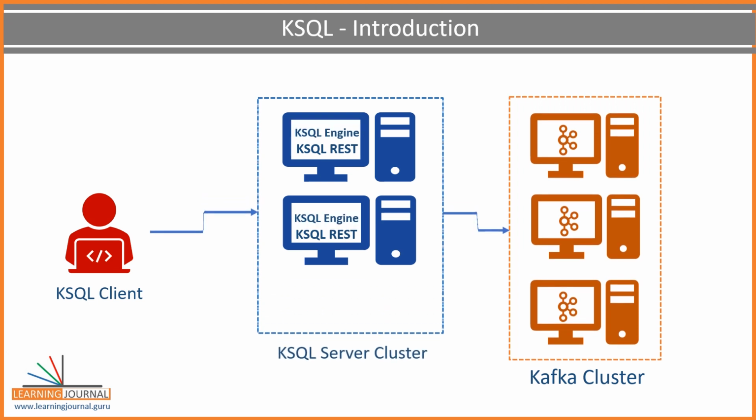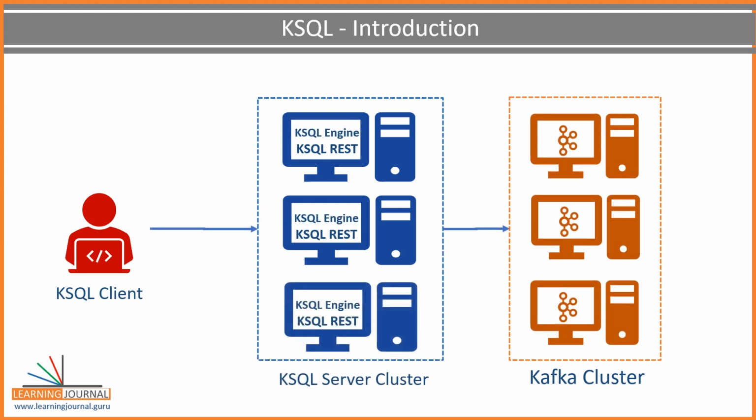You can dynamically add more servers in the cluster to scale out the resources. And fault tolerance is an inherent feature of the Kafka streams. I hope I don't need to mention that the KSQL cluster is separate from your Kafka cluster. And your KSQL server will internally communicate to the Kafka cluster for reading inputs and writing outputs.